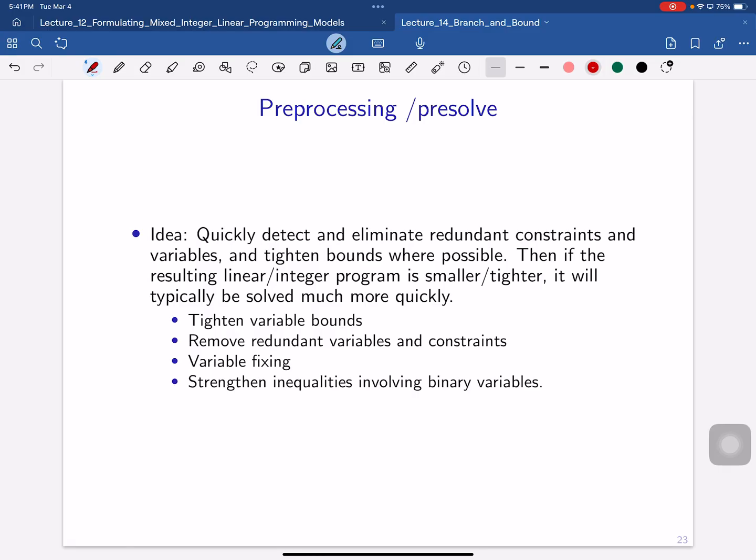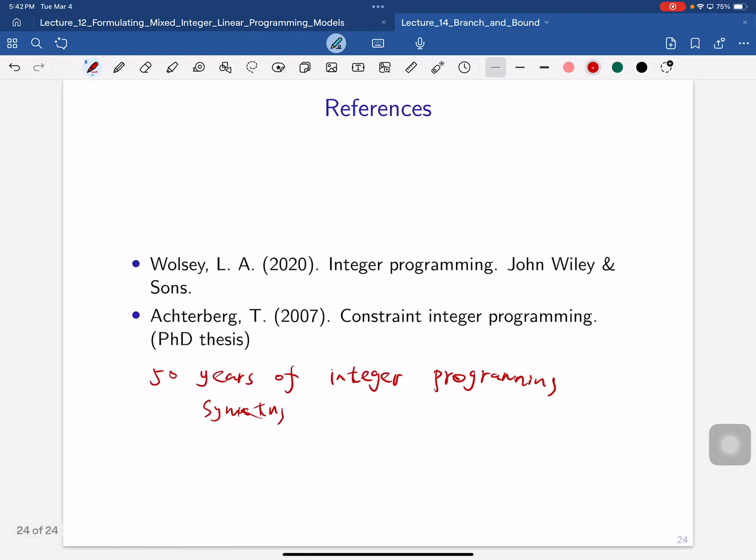I can talk a little bit more about that in one of the lectures, where we will talk in more detail on mixed integer programming solvers to give you some sense of how the state-of-the-art solvers work. Of course, it's not just branch and bound and cutting planes. There are a lot of techniques inside the box in the modern solver, and you can change all those settings in the solver. If you are interested in the details, you could read this integer programming textbook.